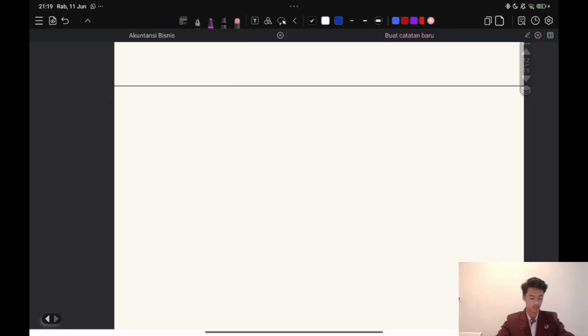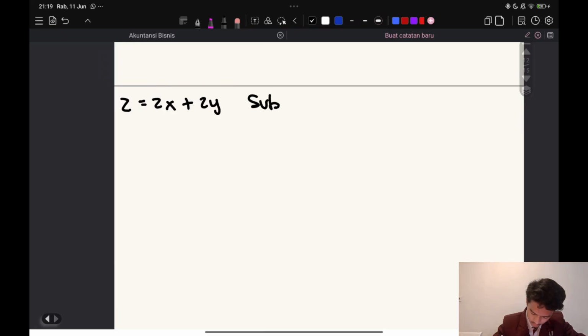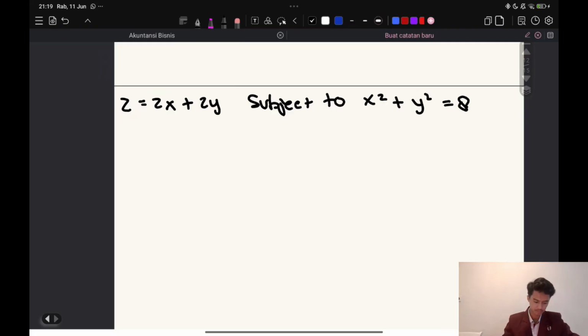Okay, next we explain an exercise to find the extreme value. First we have z = 2x + 2y, subject to x^2 + y^2 = 8.